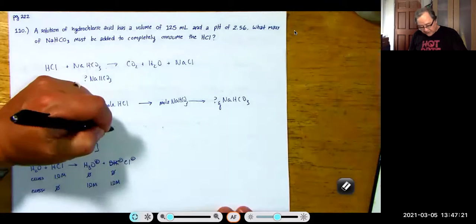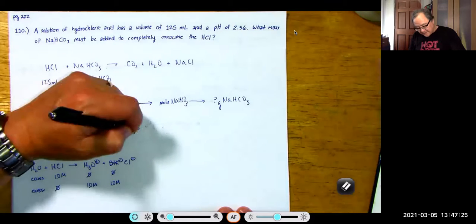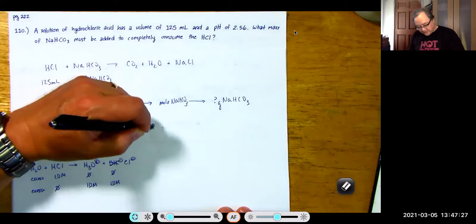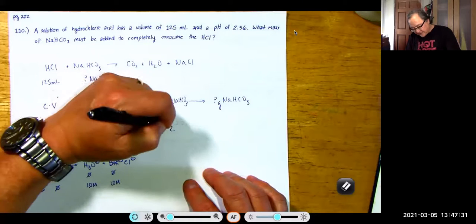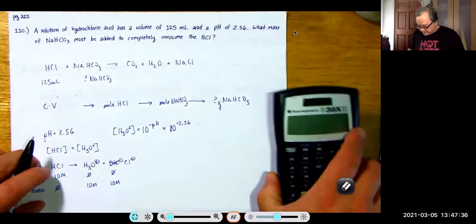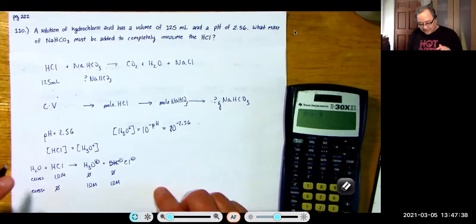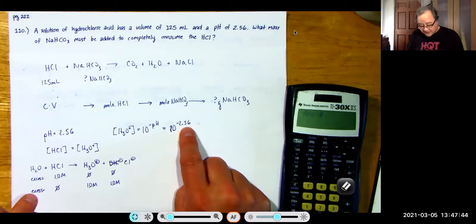So we know that the concentration of the hydronium ion can be found by taking 10 to the negative pH. Our pH is 2.56, so we get 10 to the negative 2.56. Now, the thing we need to remember is that the number of significant figures in the concentration is equal to the number of digits after the decimal in the pH.